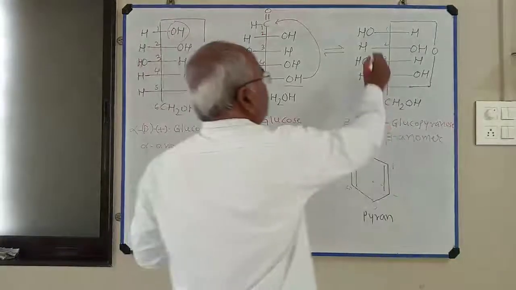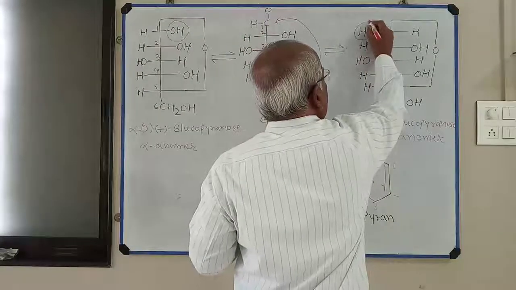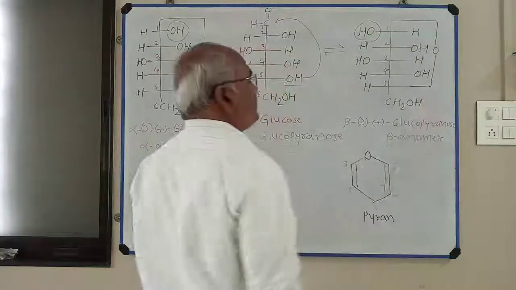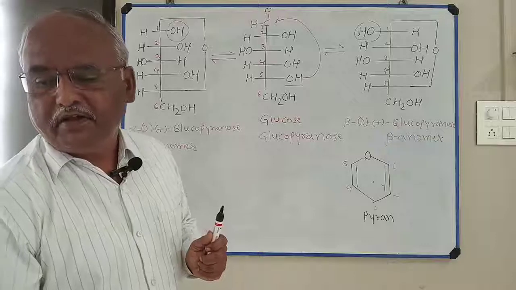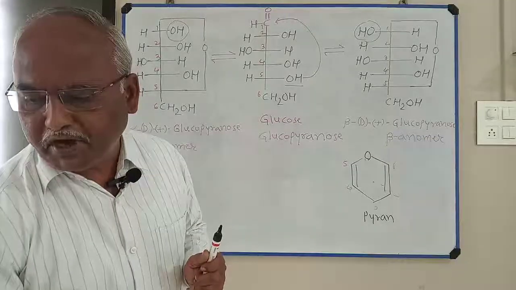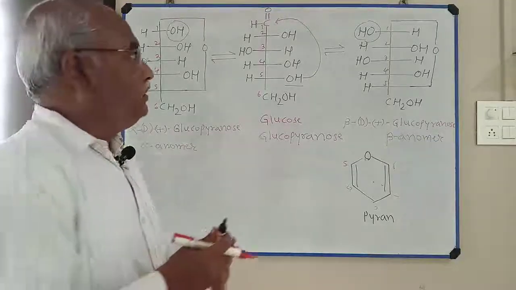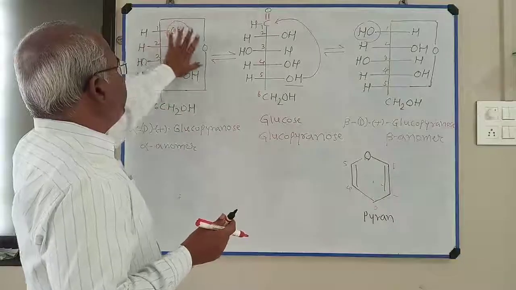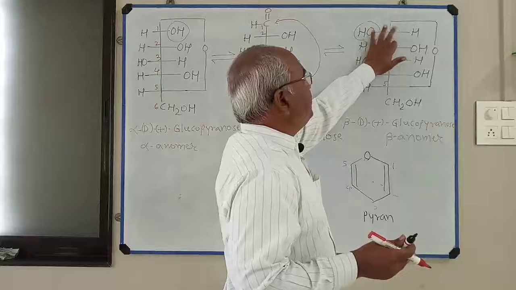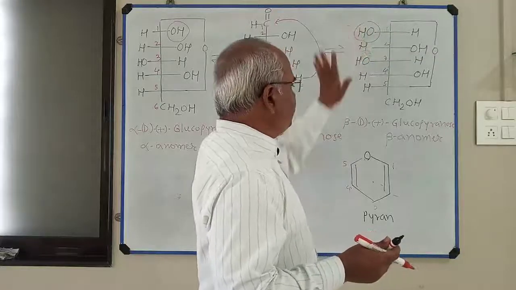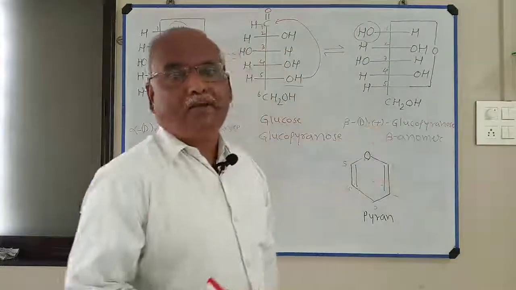If the OH group at the anomeric carbon is on left hand side, then it is called beta. If this OH on right, it is alpha. OH at anomeric carbon on left hand side, then it is called beta.